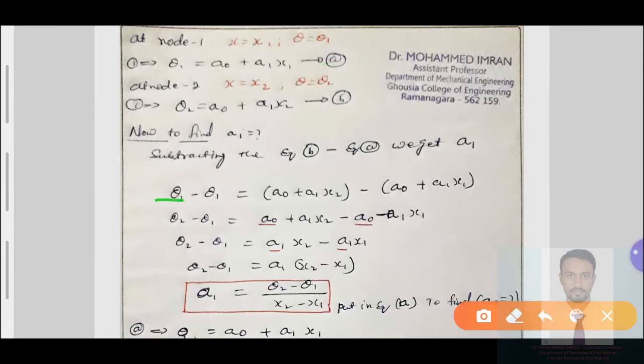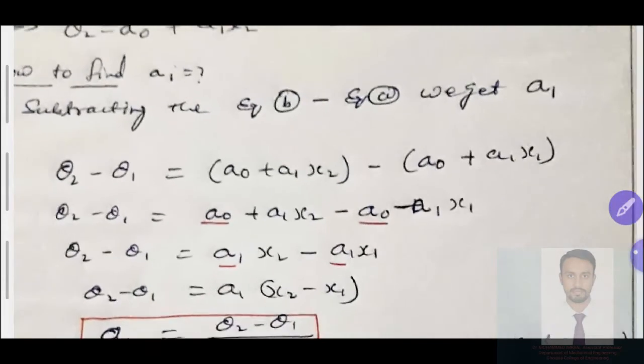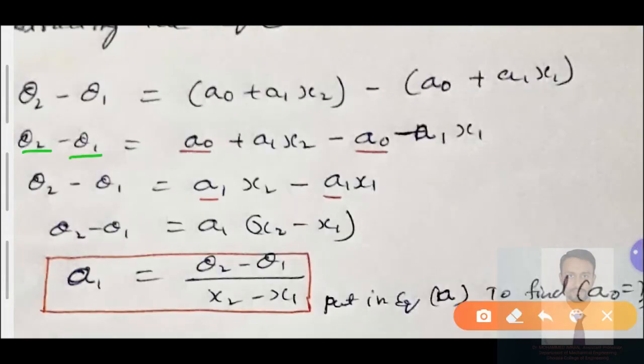That is, theta 2 minus theta 1 is equal to a naught plus a1 x2, minus of a naught plus a1 x1. Now remove the brackets: theta 2 minus theta 1 equals a naught plus a1 x2 minus a naught minus a1 x1.